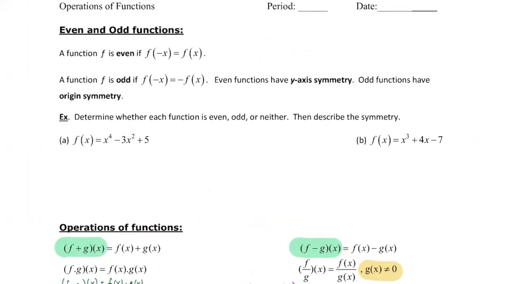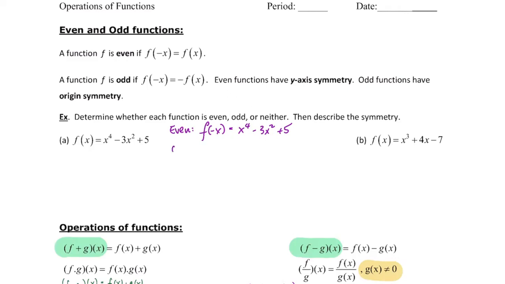Now, let's go ahead and hypothesize what we anticipate to see. If it's an even function, what we will expect to see is that f of negative x would equal the exact same thing. Well, what about if it's an odd function?